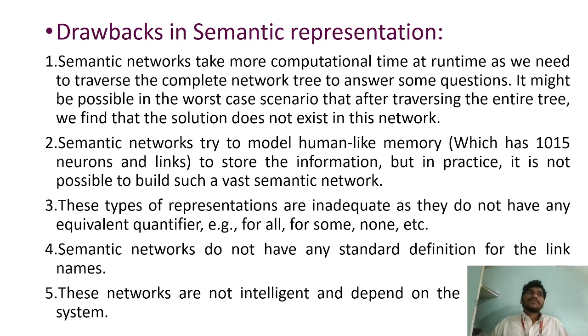So one of the major drawbacks is we need to traverse over and over again through a graph to find some relationship, and if the solution does not exist in the graph, it takes more time. The second one is semantic networks try to model human-like memory, which has 10^15 neurons and links to store the information.